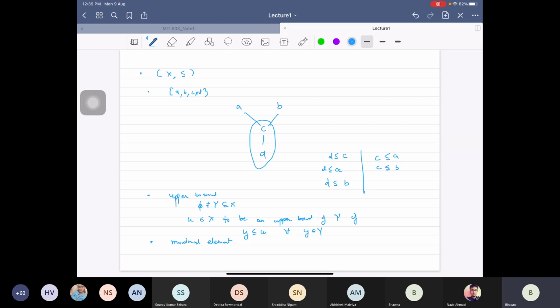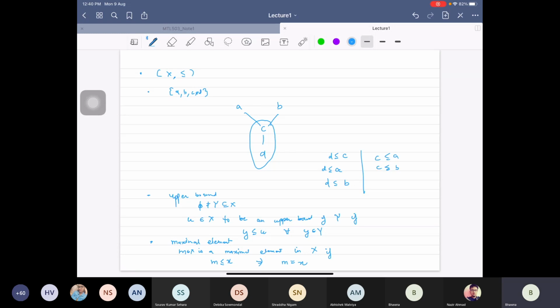That means we will say that M in X is a maximal element in X if M is less than or equal to x, that means if something is bigger than M, then this implies that M is equal to x. That means we have nothing bigger than M in the set.